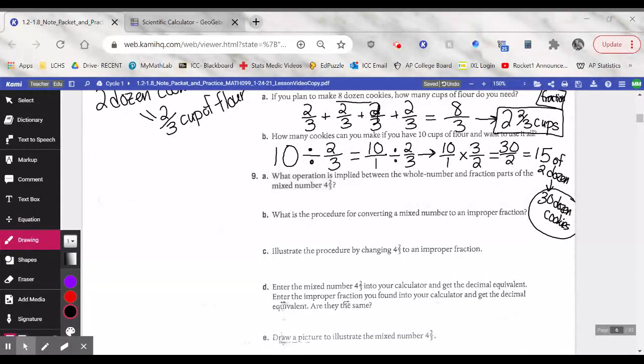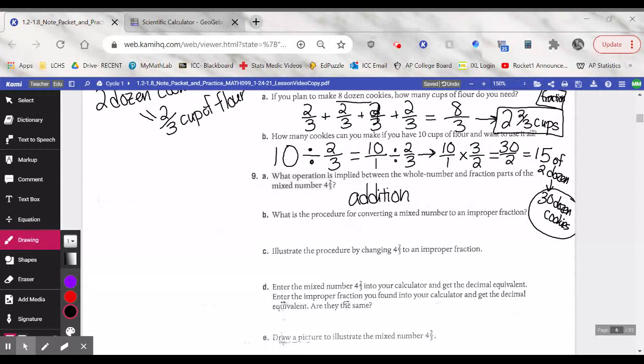For 9a, it says what operation is implied between the whole number and the fraction parts of the mixed number. So if we think about 4 2/3, it's 4 with 2/3, so we can assume that it's using addition. So this says, what is the procedure for converting a mixed number to an improper fraction?